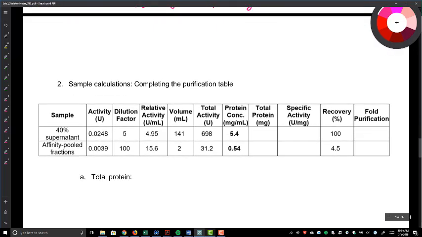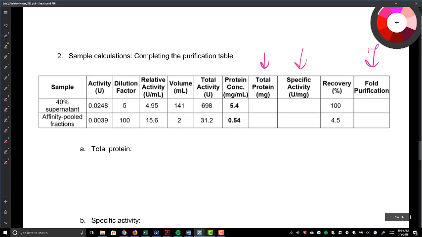Okay, so I've been talking about these new calculations, and now I'm going to show you how they fit into the purification table. So the new ones that we're going to be doing today are the total protein in milligrams, specific activity, and the fold purification. So for the total protein, you're also going to plug in the protein concentration in milligrams per mil. You already know how to do that calculation.